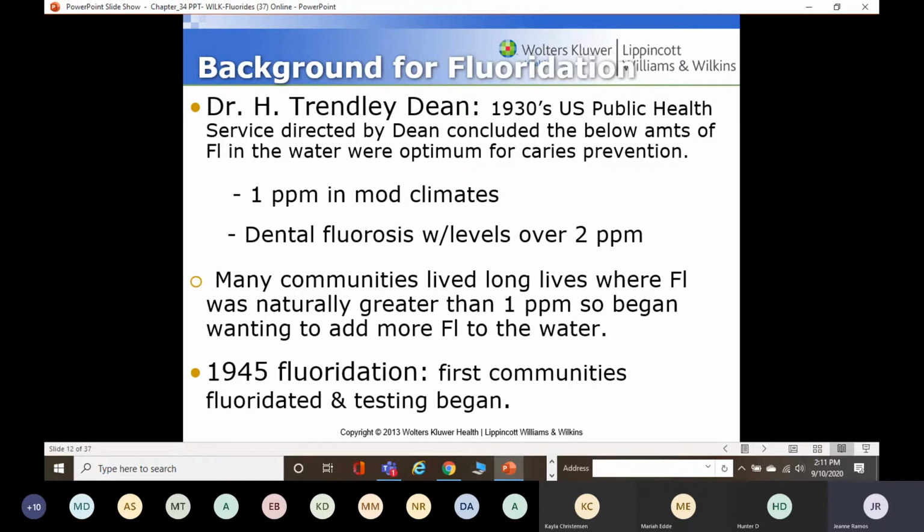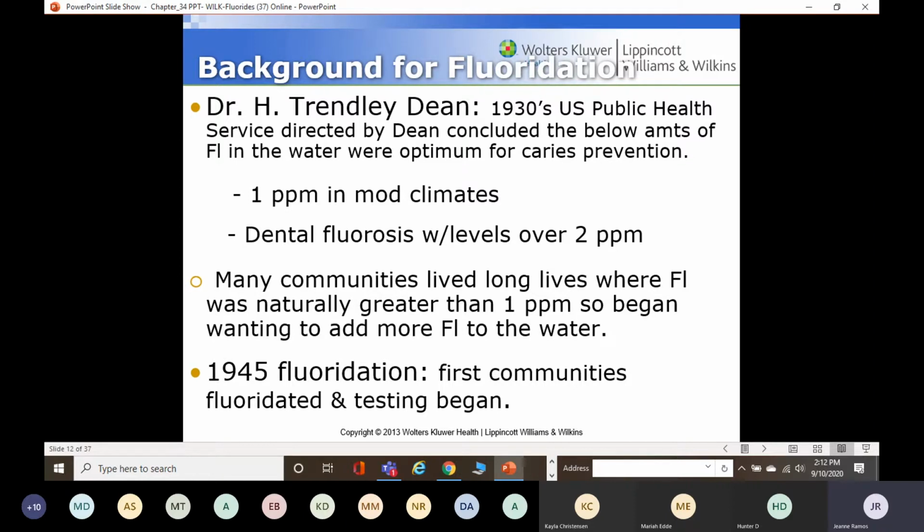He said that 1 part per million in moderate climates, and you would have dental fluorosis if you had levels over 2 parts per million. So it gave a kind of 1 part to 1.5. They had a big deal with the climates. It depended on what the climate was as to how many parts per million they may want in the water.